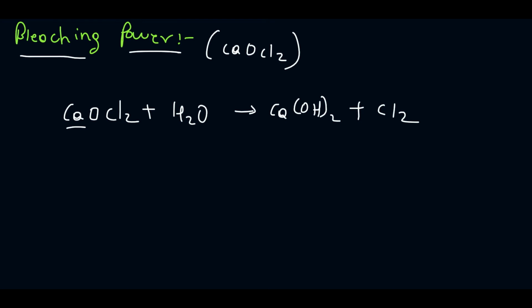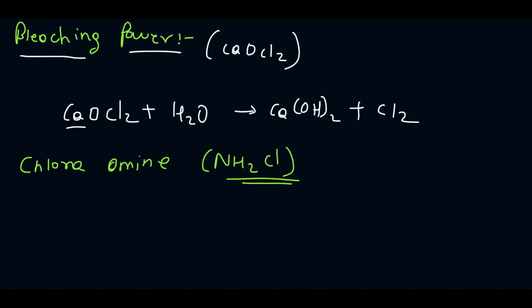So the next is chloramine. The chloramine formula is NH2Cl. But how do we get NH2Cl?